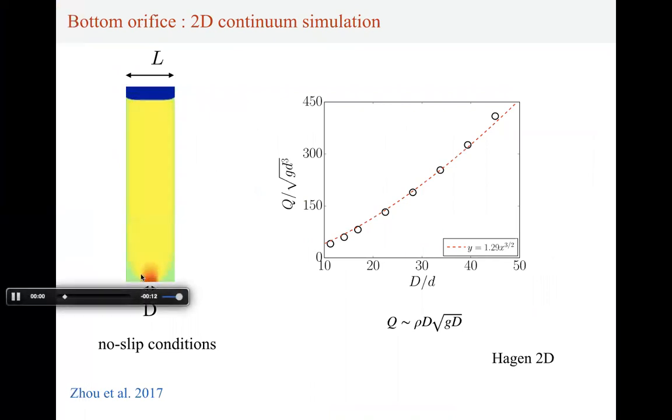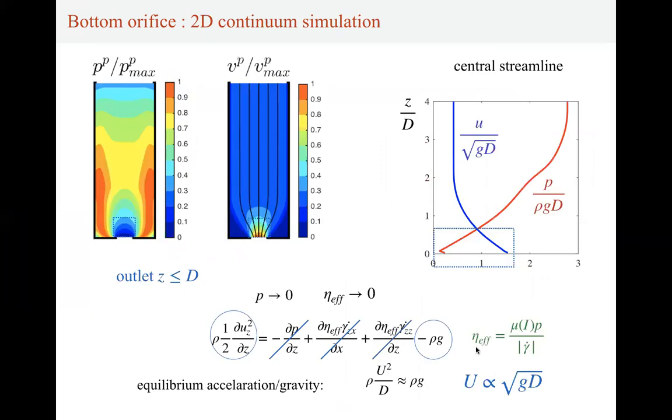You can see on this movie that you have an arch. In fact, the velocity is accelerating in the zone which is related to d. And how can we capture the arch? No, you don't capture it. This view of an arch is a discrete view, so you don't need an arch in a continuum simulation.